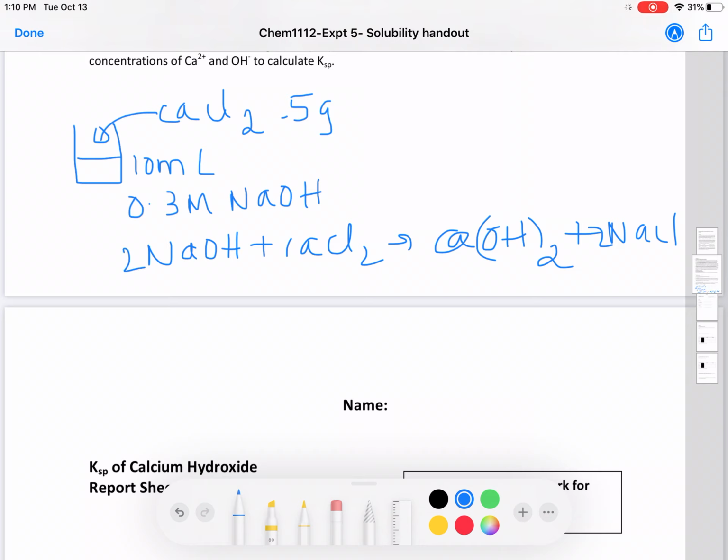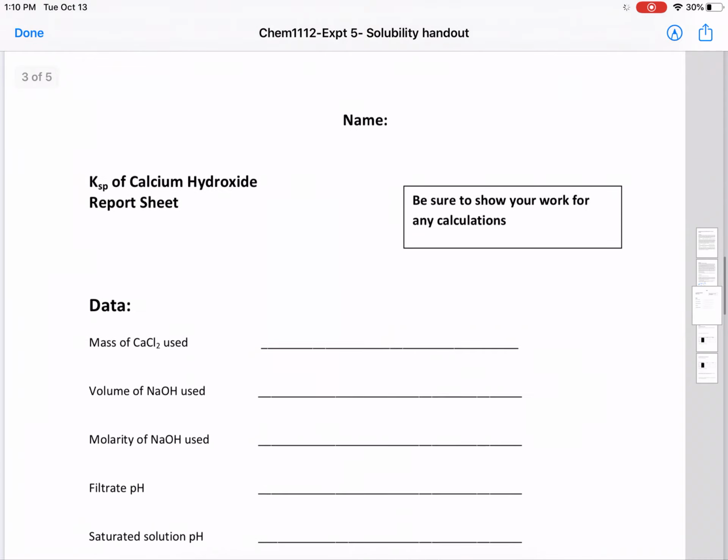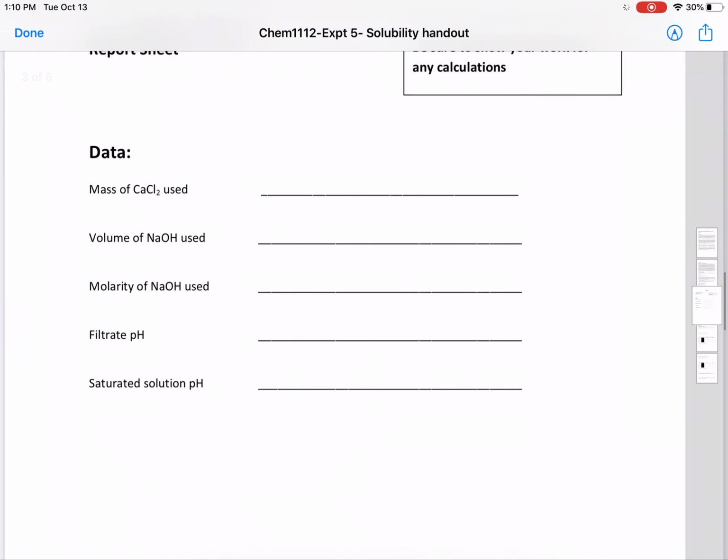Once this solid is formed, you're going to take the pH of the solution, and then vacuum filter it, and then make a saturated solution again by adding 50 milliliters of water, and then get the pH. So those are the two methods we're going to calculate the pH. The data sheet is posted for you.